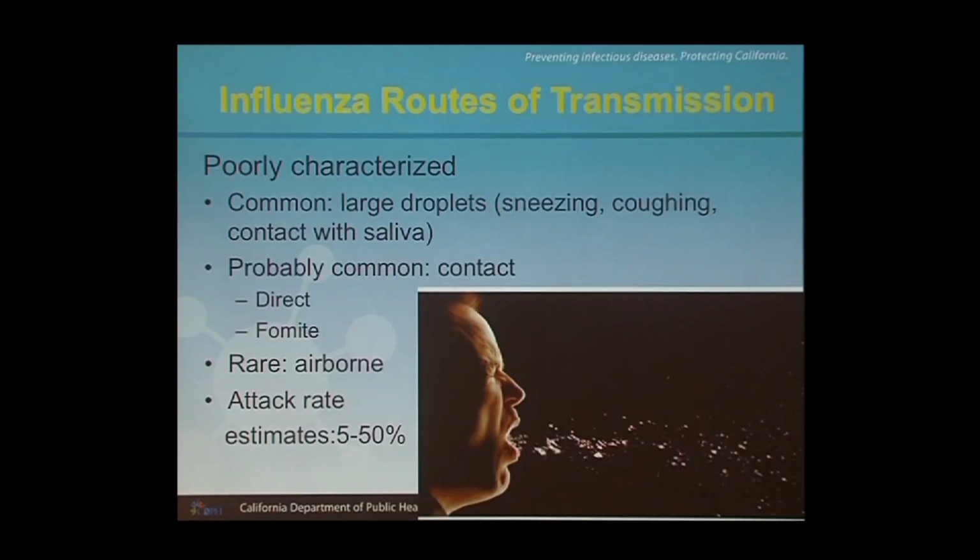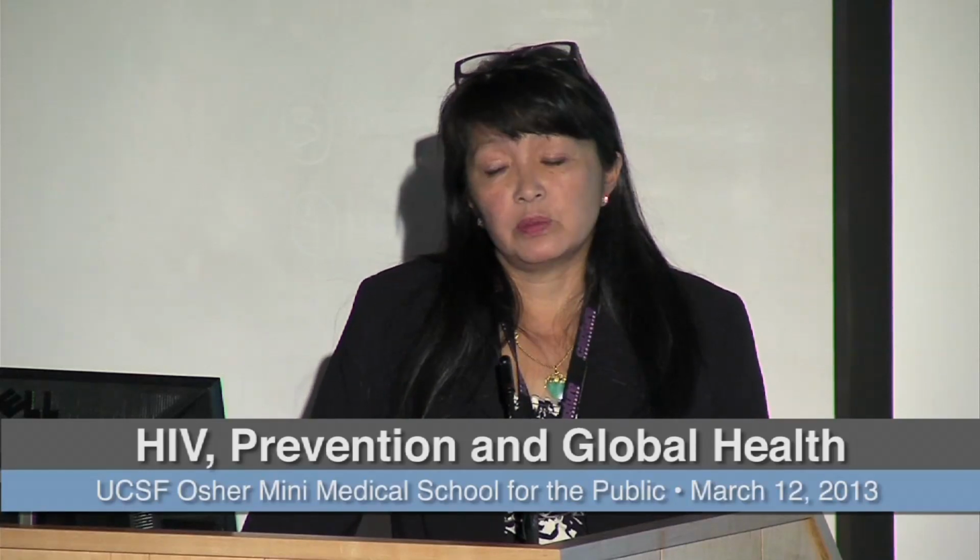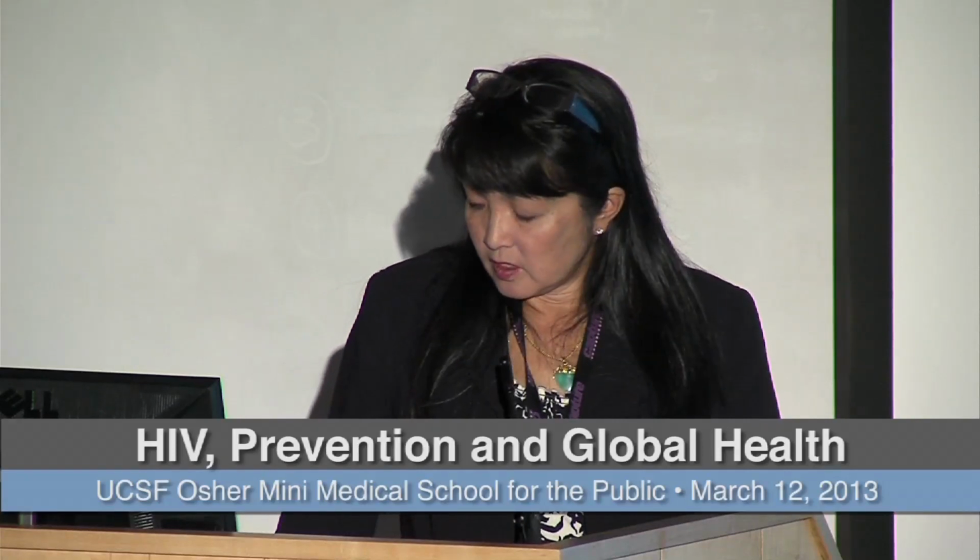Influenza is not considered an airborne transmitted virus, but there have been rare reports where it has been transmitted in hospital vents or in airplanes. So in certain situations it's possible, but we consider it mostly to be a large droplet, within 6 feet, respiratory infection. The other thing is that there is an underestimate of how much of it is driven.